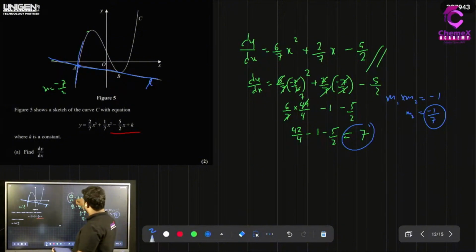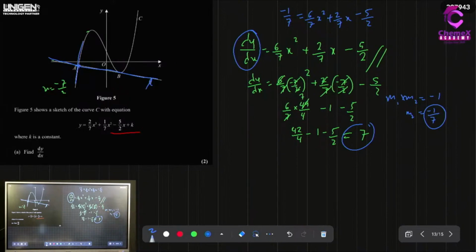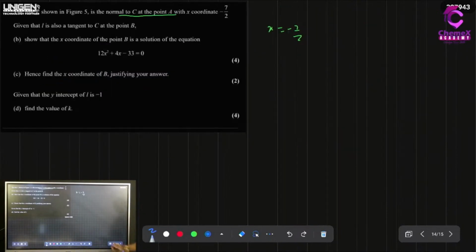I can put it here, right? Do you understand? So let's put it there. Minus 1 over 7 equals 6 over 7 x squared plus 2 over 7 x minus 5 over 2. Then can you write a quadratic equation which will be like that?